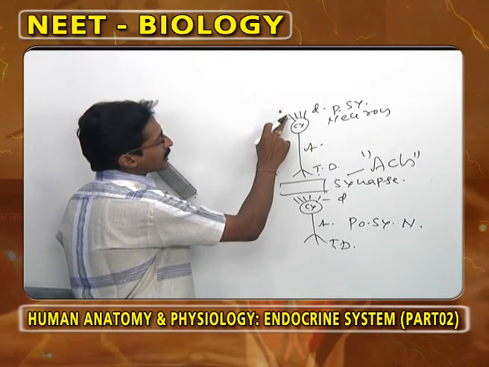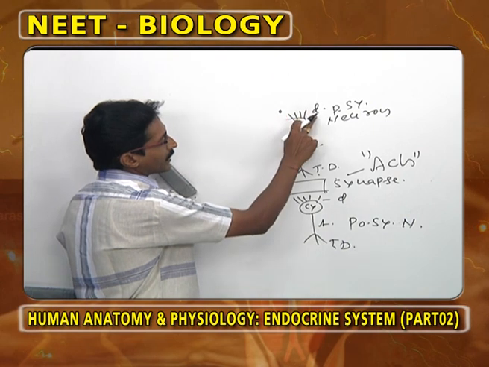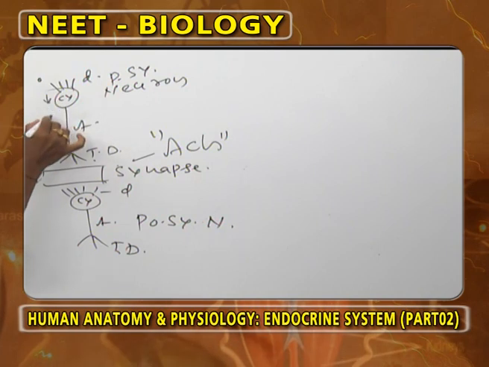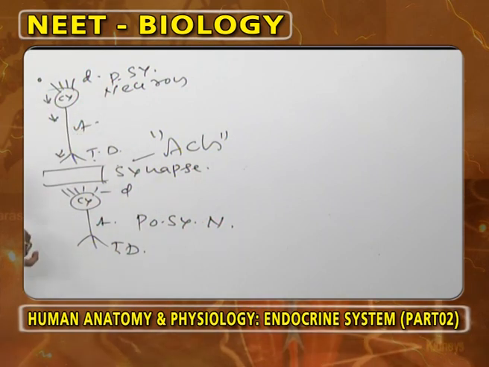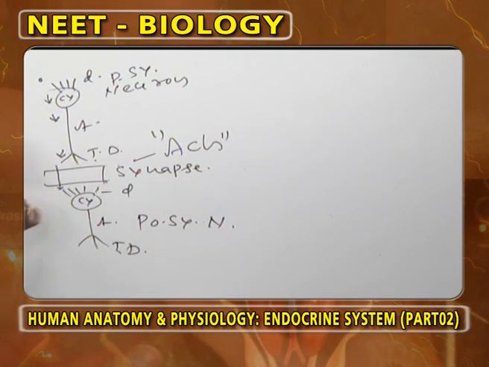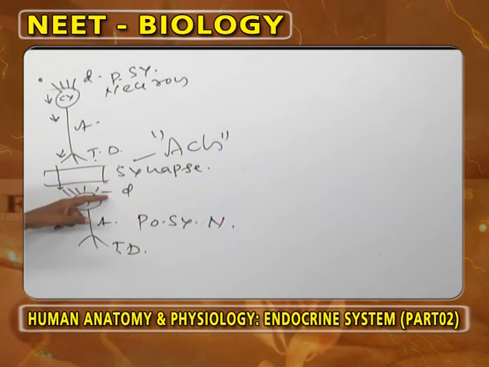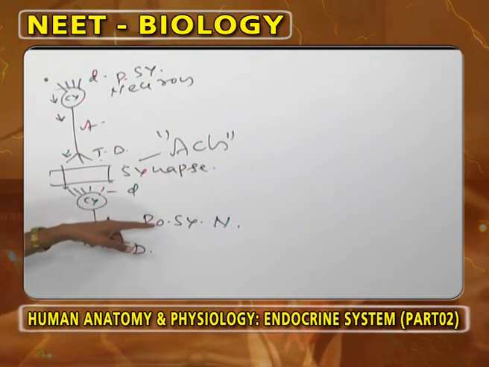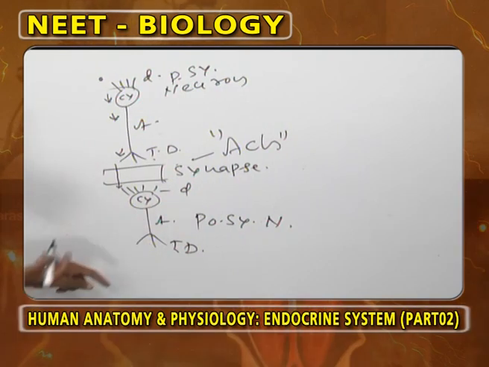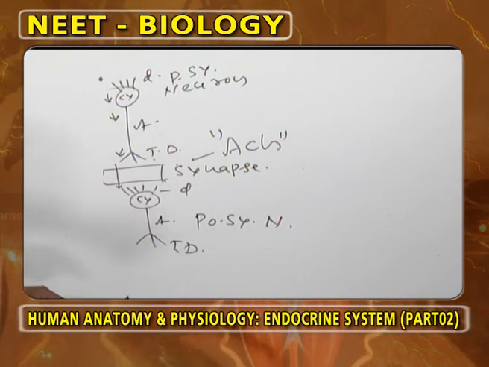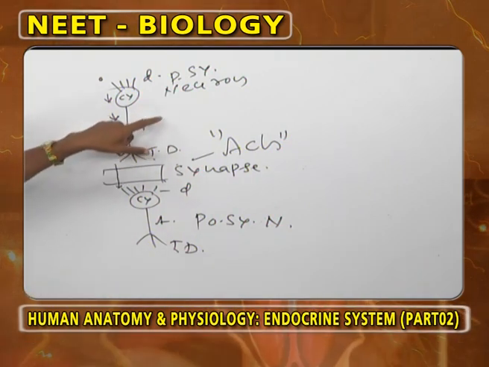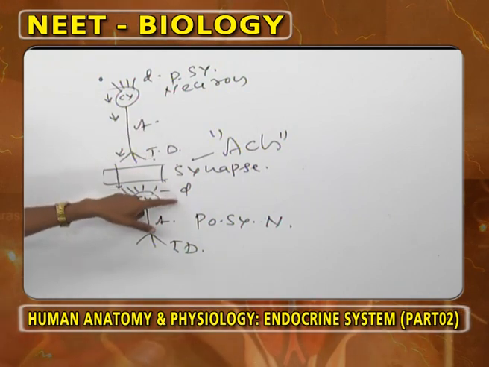First, the stimulus is received by the dendrons of the presynaptic neuron, then goes to the cyton, then axon, then teledendrons. With the help of acetylcholine it passes through the synapse, then is received by the dendrons of the postsynaptic neuron, then cyton, axon, teledendrons. Like that the information passes in one direction. So these are the teledendrons of one neuron and the dendrons of another neuron.